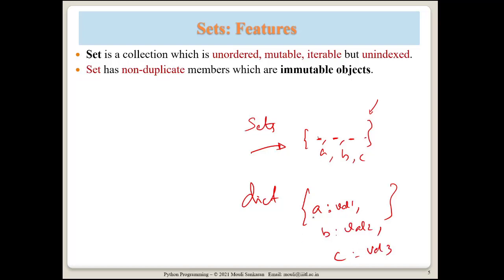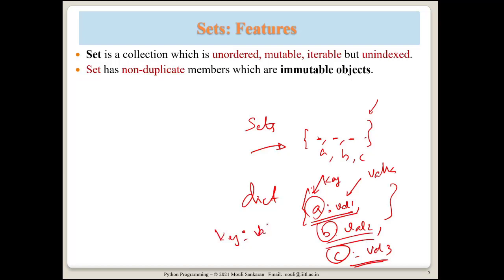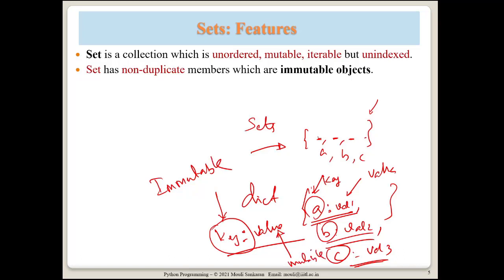Now these A, B, C are called keys, and these are values, and every element in a dictionary is a key value pair separated by colon. Now what is the uniqueness of the key? The key has to be immutable. The value can be mutable in a dictionary.